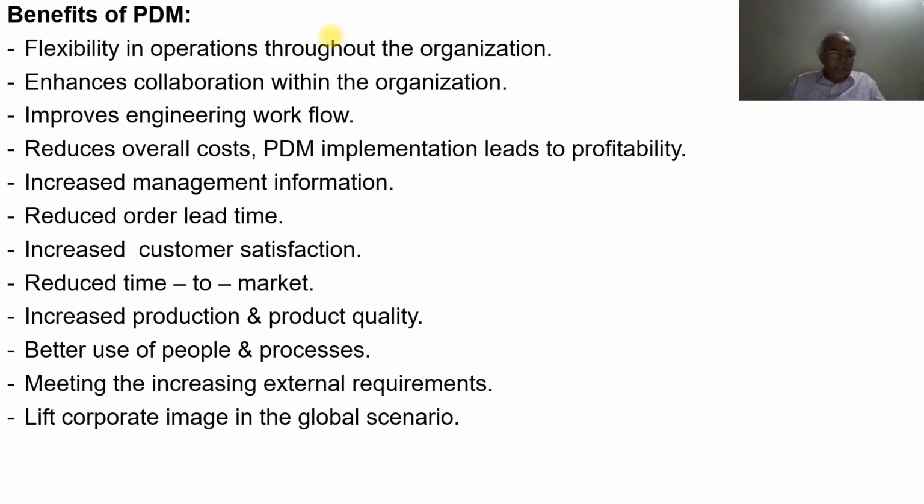Reduced time to market, because all the system data is available. Even the marketing people will be involved in this, as I already told you in the introduction, so time to market is reduced because the information pertaining to the product will be known to them well in advance.